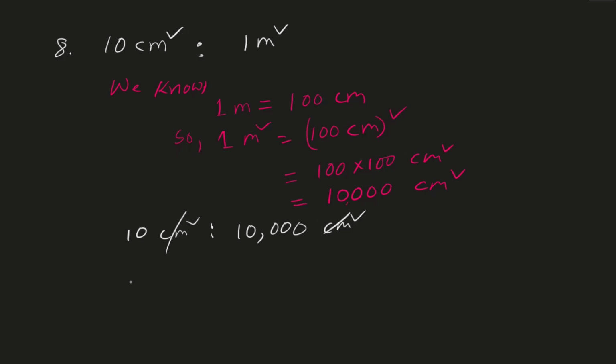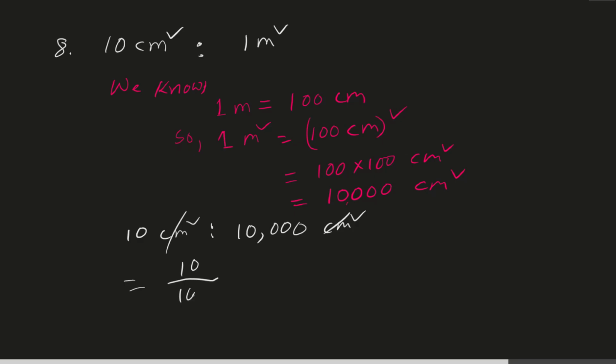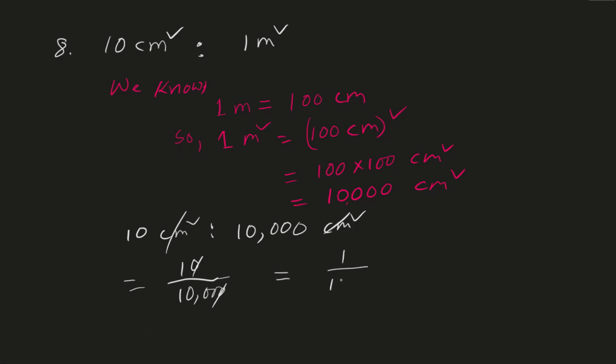Cm square cancel, simply 10 over 10,000. Now cancel out the zeros from here, so our answer would be 1 over 1000. So this is our answer.